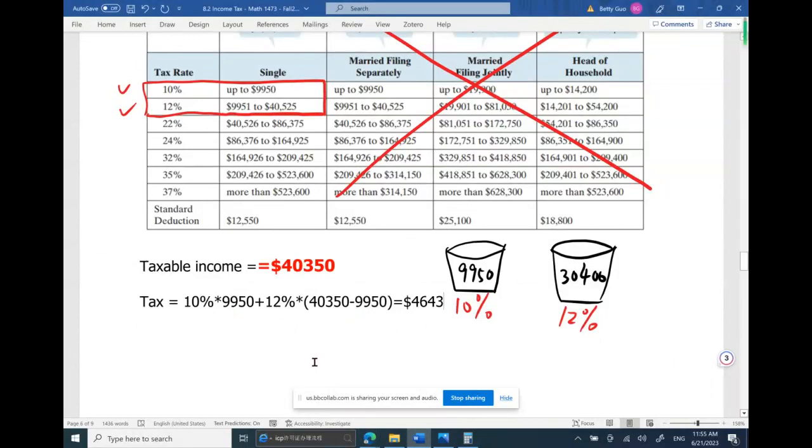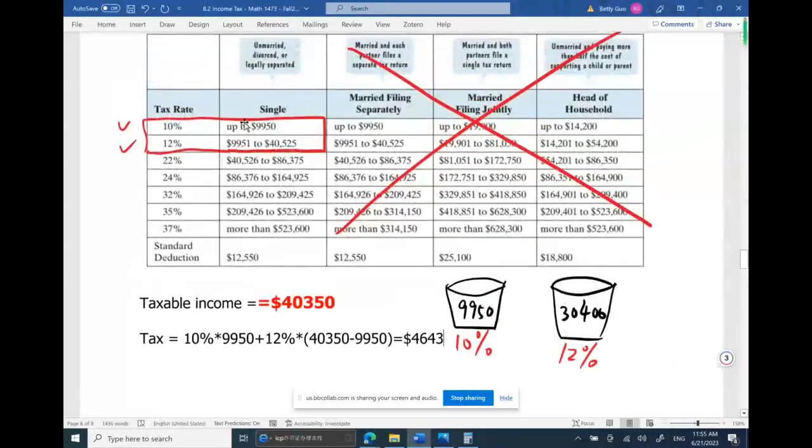Yeah, that's the tax. Am I clear about how we apply tax rates on taxable income to get a tax before applying the tax credits?